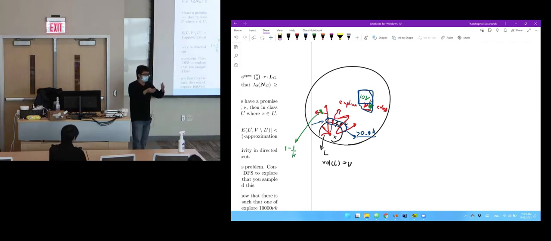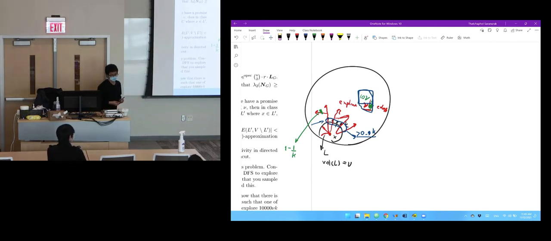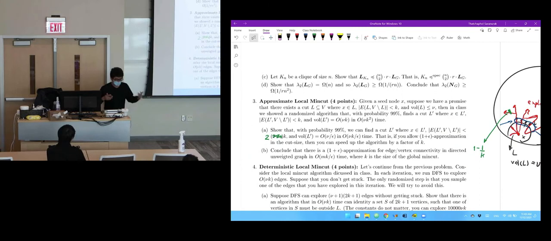But that is fine because we are okay with 1 minus epsilon approximation. When epsilon is 1 over k, then it will be exact. So basically, 3a here is really a generalization of the exact algorithm.